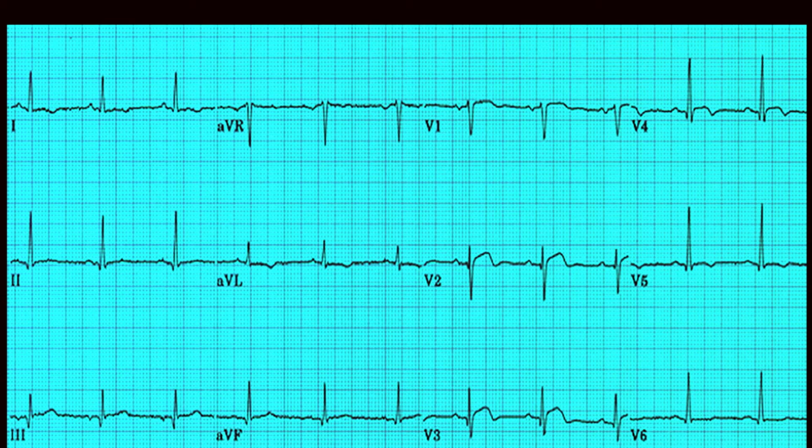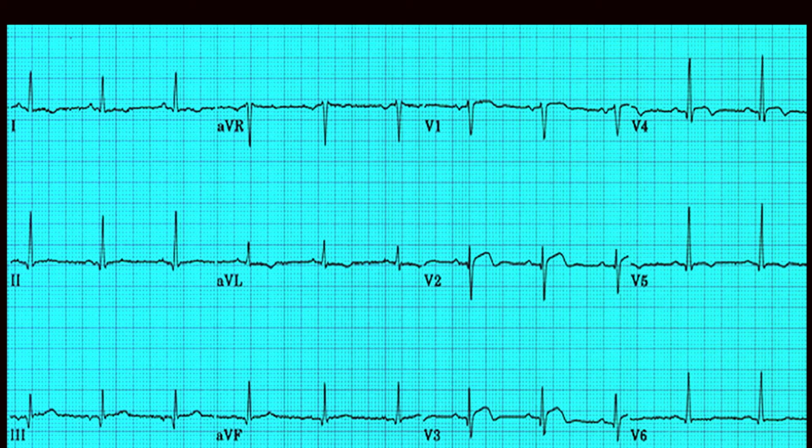And if the changes were from lead 1, AVL, V1 to V6, that would have been extensive anterior wall MI, and if the changes were of extensive anterior wall MI plus ST elevation in lead 2, 3, AVF, then it would have been sort of a global MI, inferior and anterior. And whenever there is inferior MI, I have told you, you have to look for posterior wall MI and right ventricular infarction. So in this ECG, there is ST elevation from V1 to V5. So it is an anterior wall MI.